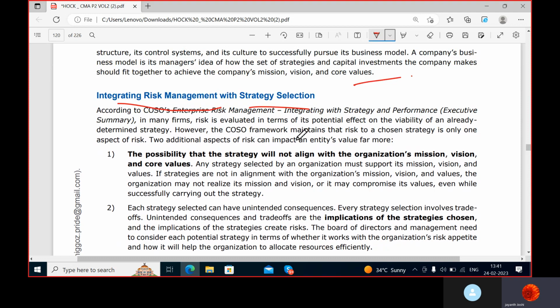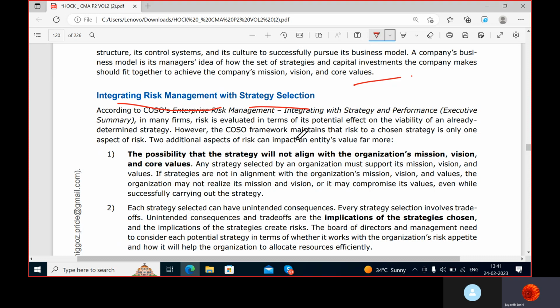That means whatever plans we are making for achieving our goals. Some of the goals of the organization, I am speaking about the financial goals: to enhance the revenue, to minimize the expenditure, minimize the cost. Long term goals: expansion, acquisition of some other companies. Definitely these are all our goals.